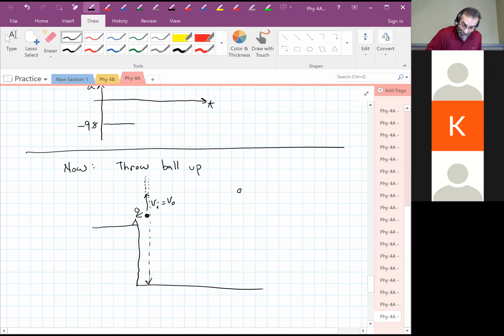So given the initial velocity is 30, I'll just use that. And same cliff, right? So h is 50.